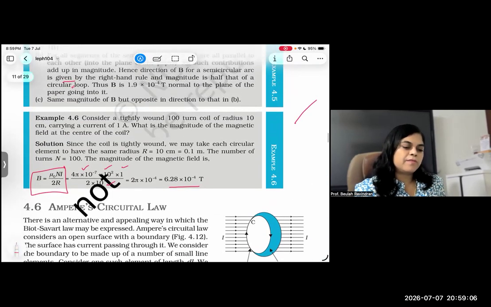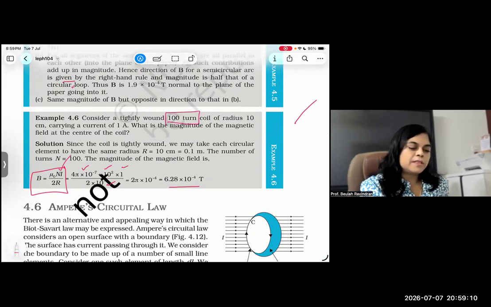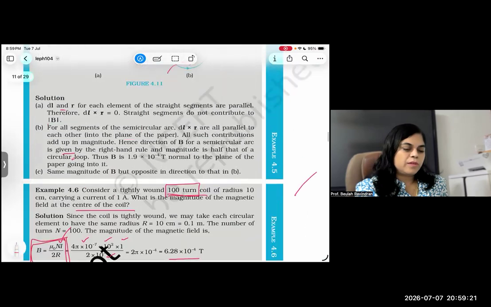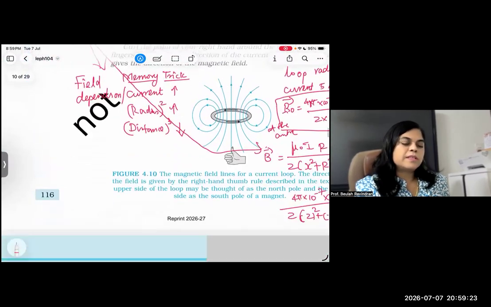Okay, because here number of turns also given, so you have to multiply the number of turns. Since it is at the center of the coil, you need to use this formula. Number of turns are given, so that n is added here. Okay, so mu naught, sorry, not mu naught by 4 pi, it is only mu naught. Okay, so what is the answer here?